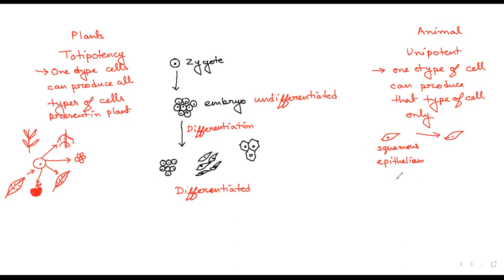We also have a multipotent cell, which is called stem cell. We talked about it in animal tissue, isn't it? So stem cell can produce RBC, WBC, and platelets.